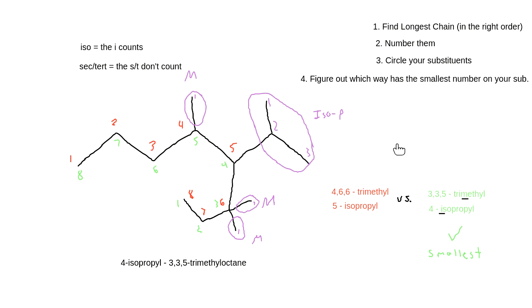Someone else asked, how did you know the parent chain is octane? I know the parent chain should be called octane because when I numbered it and was trying to find the longest chain, I got 8 carbons. In any direction I go, I always end up with 8 being the highest carbon.